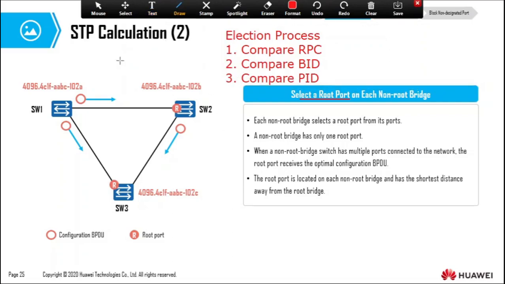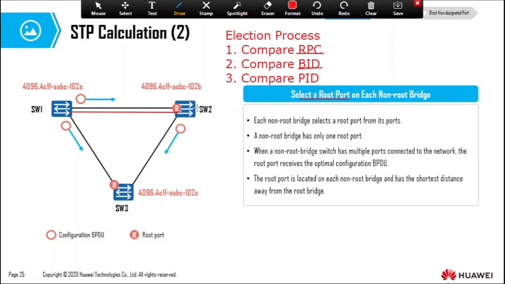So if we have a scenario like this, look, we have another link here. If we compare this interface and this interface, they're going to have the same RPC, right? They're also going to have the same bridge identifier, because they're connected to the same switch.